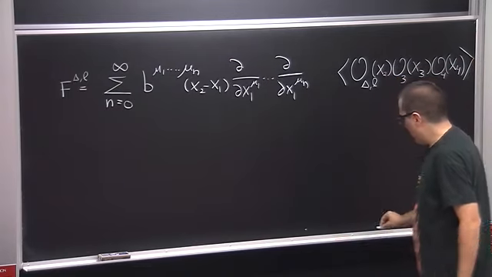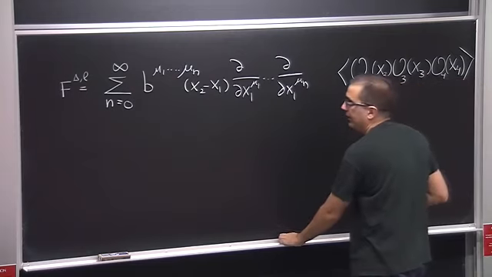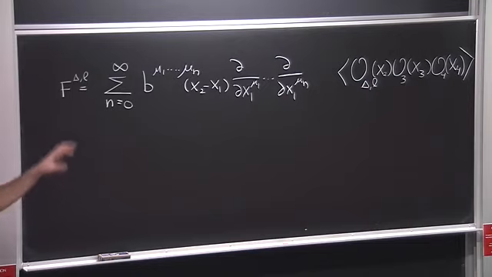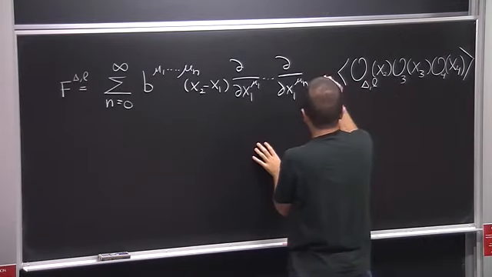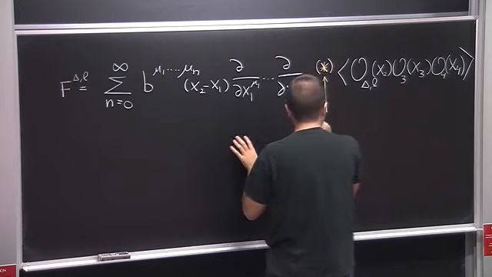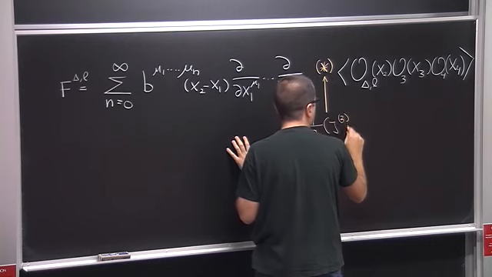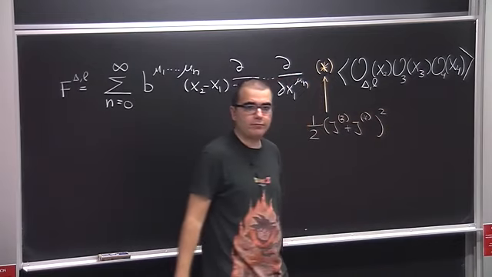And I wrote it here with some space, because if you act with the Casimir that depends on J3 and J4, you can see that nothing here depends on 3 and 4, and you can insert the Casimir here. So here is where you would put 1/2 of J3 plus J4 squared.